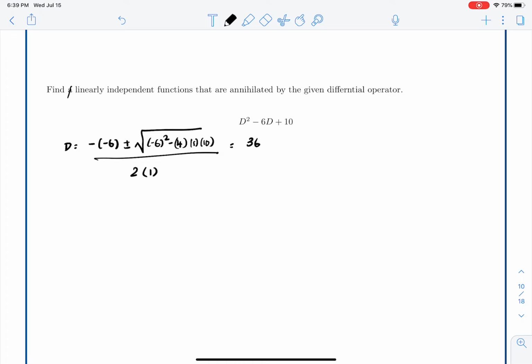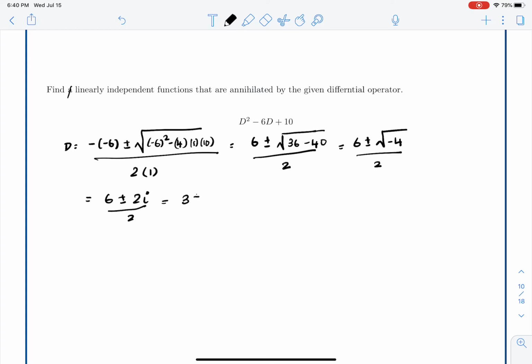So 6 plus or minus the square root of 36 minus 40, oops, bad algebra, 6 plus or minus the square root of negative 4, divided by 2, 6 plus or minus 2i divided by 2, 3 plus or minus i. So we'd have 3 plus i and 3 minus i.